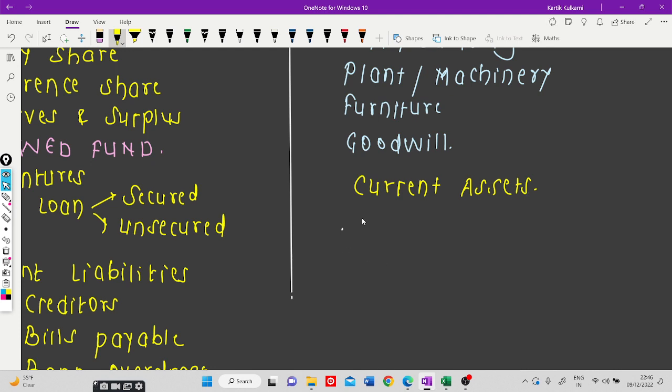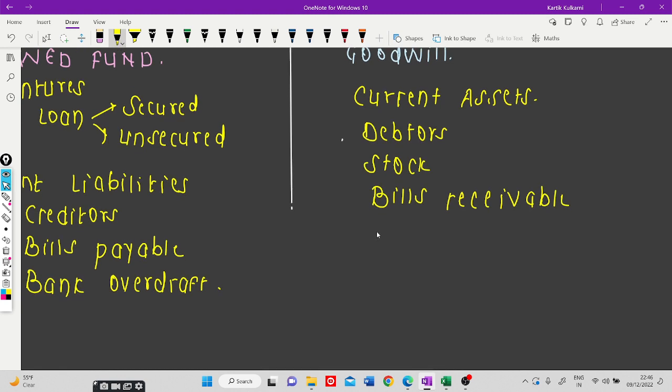Examples of current assets are debtors, stock, bills receivable, and cash, etc.